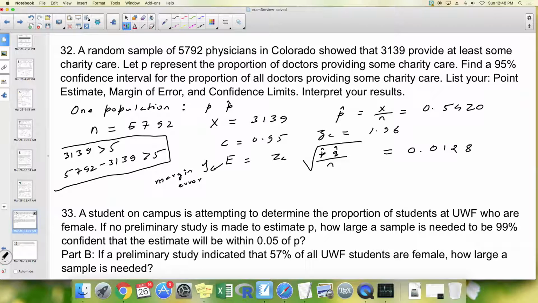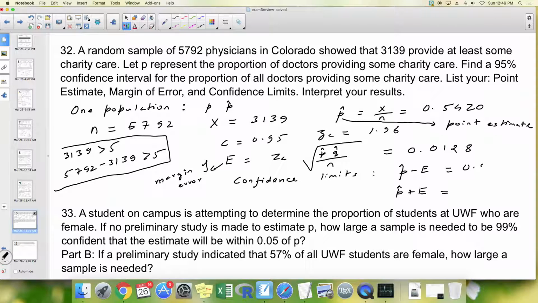Your p hat is the point estimate. And the confidence limits are p hat minus E and p hat plus E, which if you calculate comes out to be 0.5292 and 0.5548.